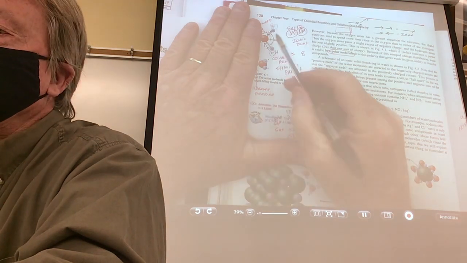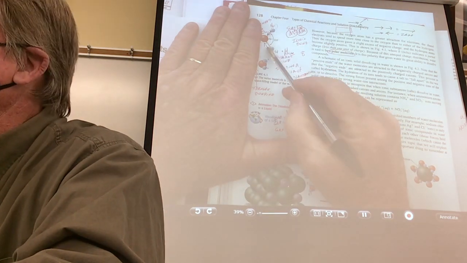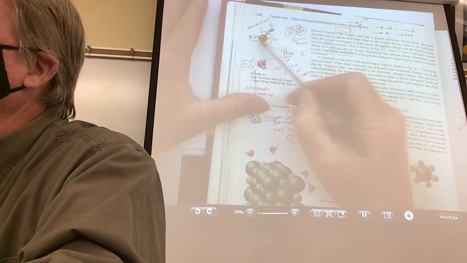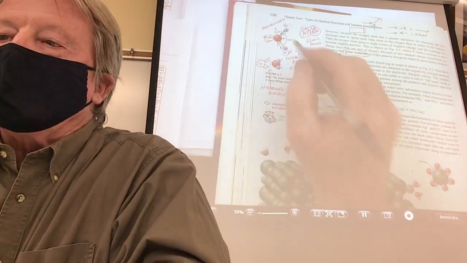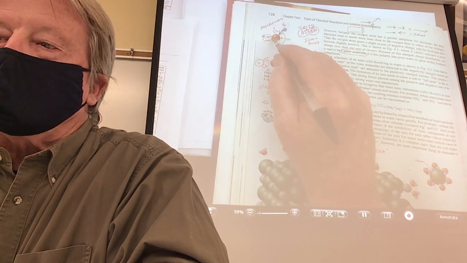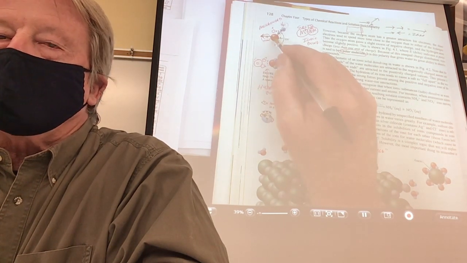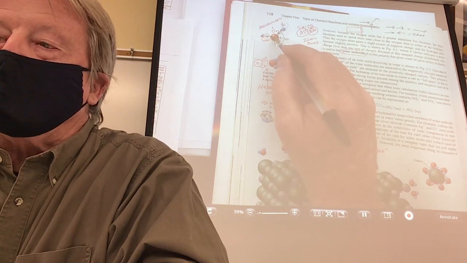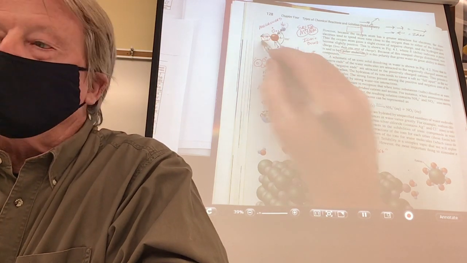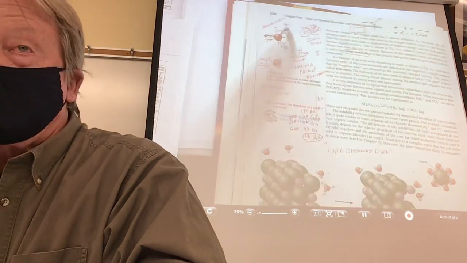Now watch, ready? What's this plus this? That. And now we know, the final story is, the entire molecule will end up being polar. There'll be what they call a net dipole moment, meaning that this end will tend to be negative, this end will tend to be positive.